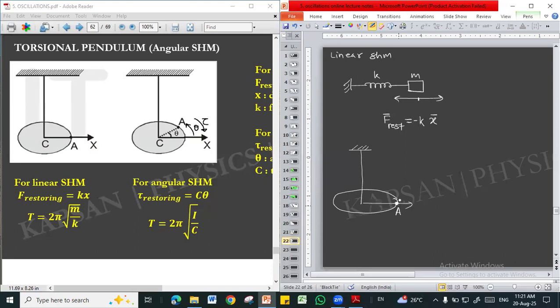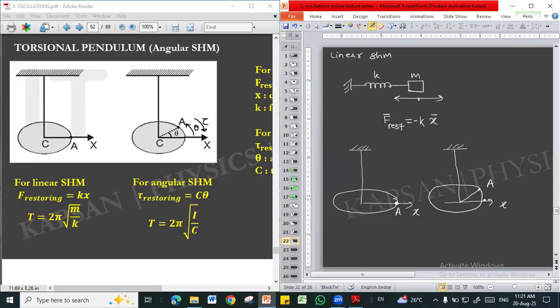Let's say this is our x-axis. If you rotate the disc, the point A will be shifted here.